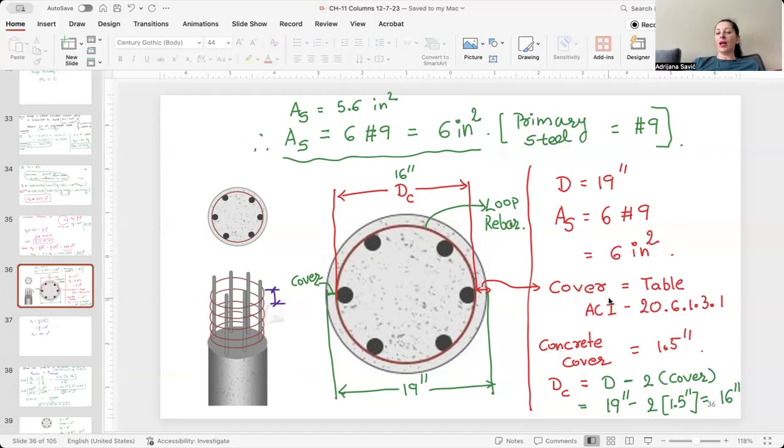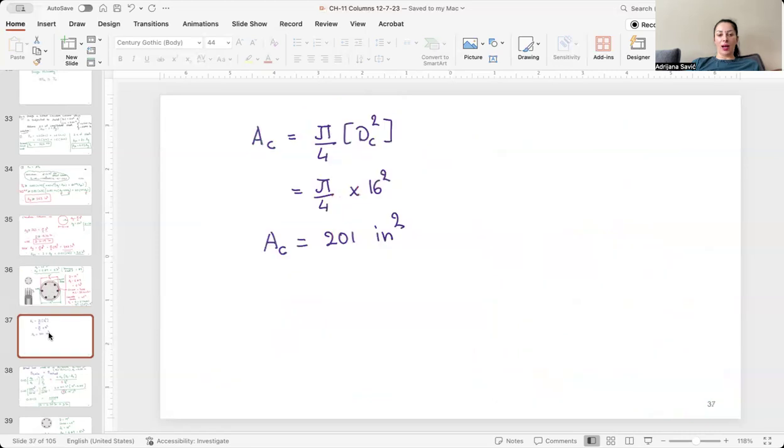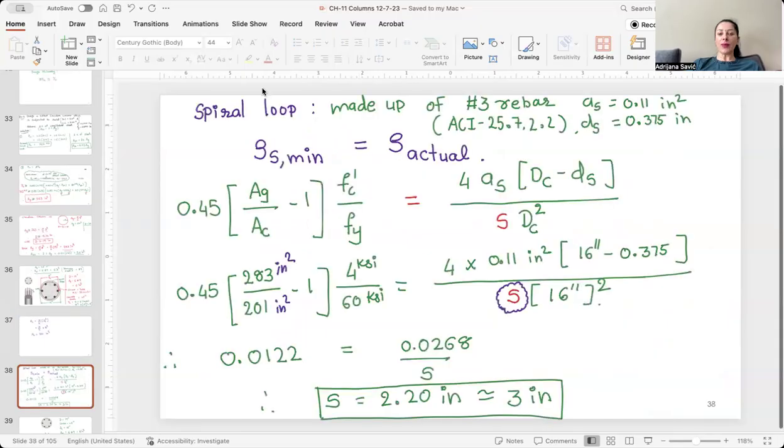Cover is selected according to the table in ACI code 20.6.1.3.1. Core area will be pi over 4 times 16 squared, which is 201 inch square.